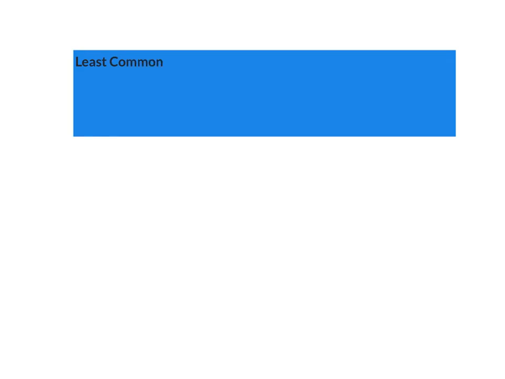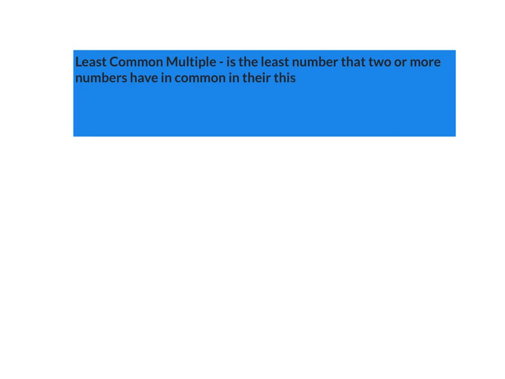So, the least common multiple is the least number that two or more numbers have in common in their list of non-zero, meaning you can't have zero, multiples.